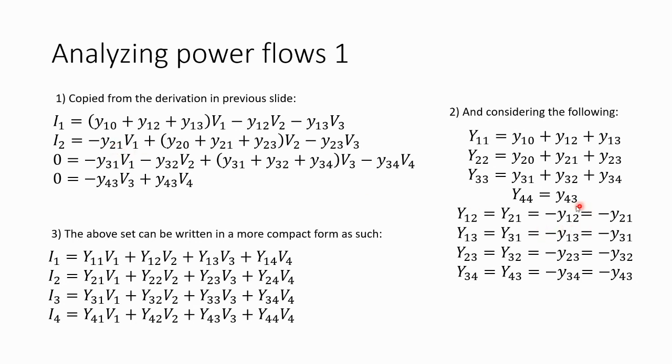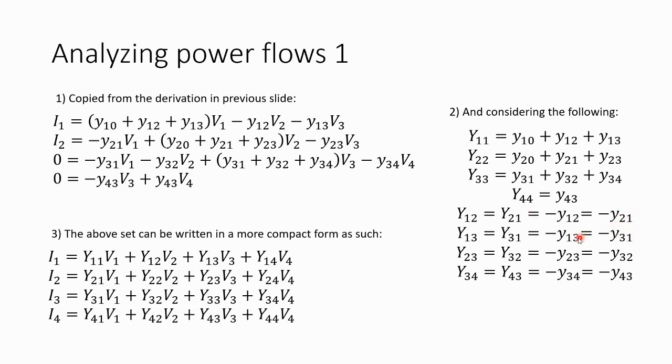So if we say that negative y12, we take the entirety of it, including the sign, is equal to Y12, and negative y21 is equal to Y21, then we can say that Y12 and Y21 are the same, because these two terms are the same.